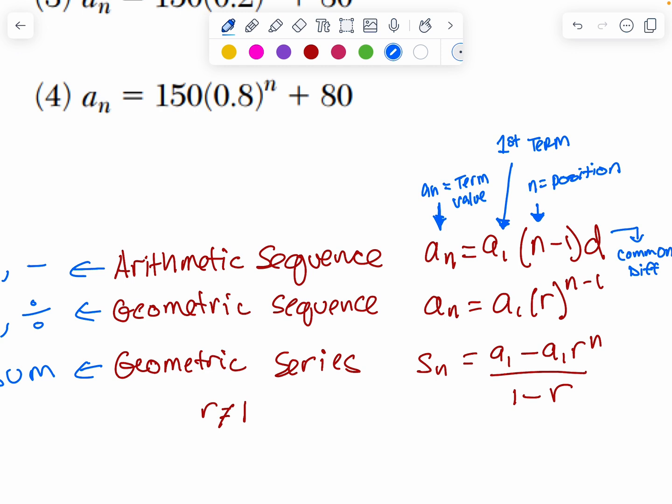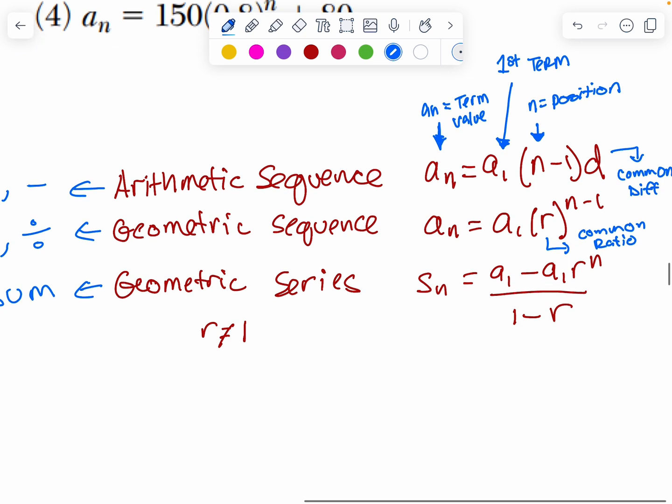In geometric sequences, a sub n, a1, and n are all the same things, but r is what we call the common ratio. It's what you are repeatedly multiplying by. It's important to represent all division questions as multiplying by a fraction so that you have your common ratio expressed in that way.